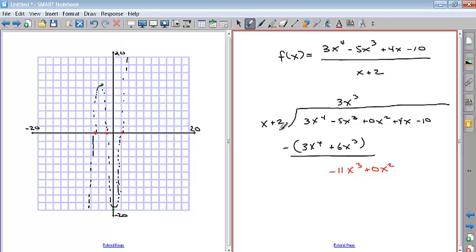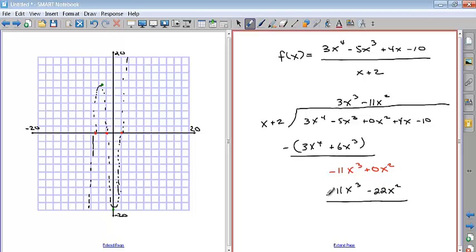Okay, what do I need to multiply x by to get negative 11x cubed? Well, the answer is negative 11x squared. So multiply that out, I'll get negative 11x cubed, and then I'll multiply the second by the second number. So I'll get 2 times negative 11, which is negative 22x squared.